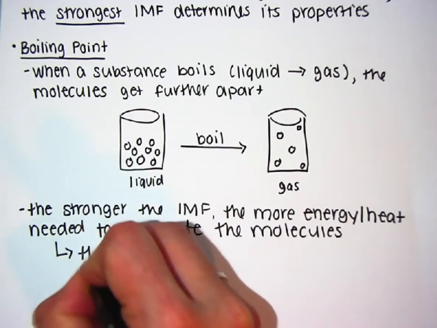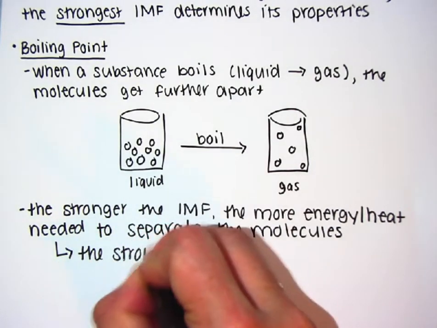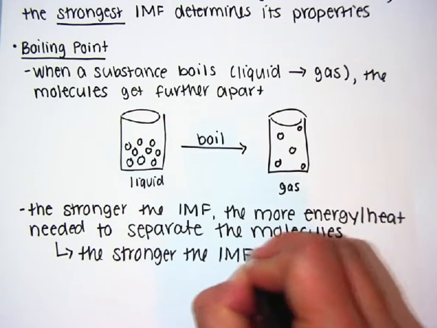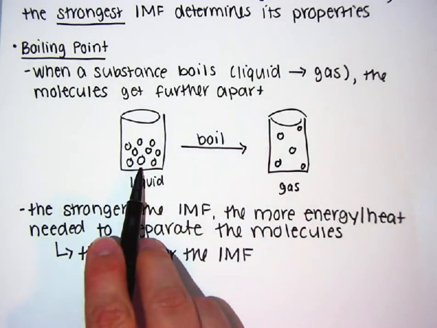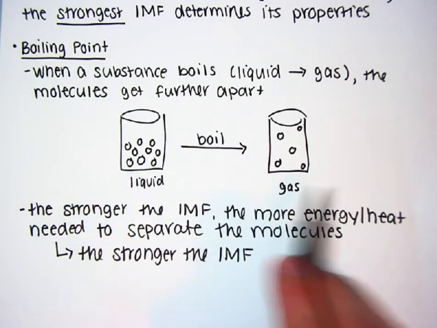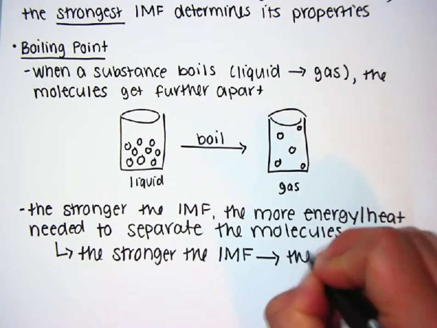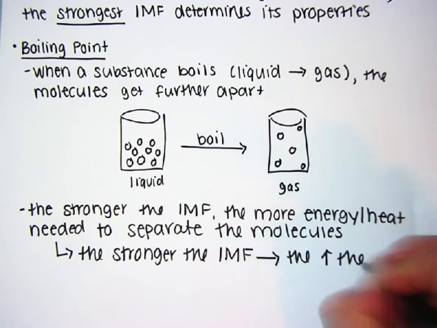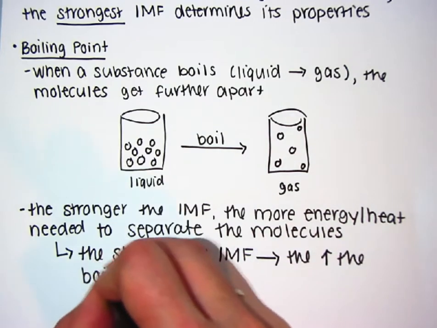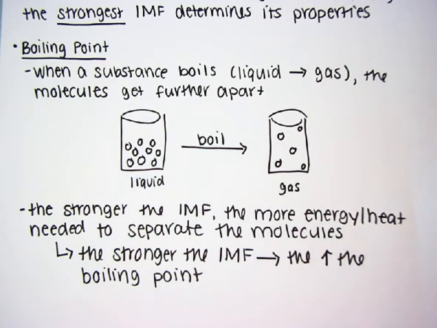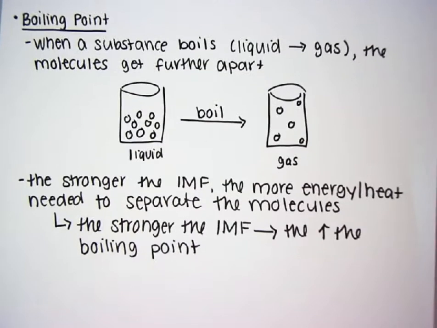So the stronger the intermolecular force, the more heat we need to separate those molecules from close together as a liquid to far away as a gas. The stronger the intermolecular force, the higher the boiling point. Molecules with hydrogen bonding as their main intermolecular force would have a greater boiling point than elements that had dipole-dipole.